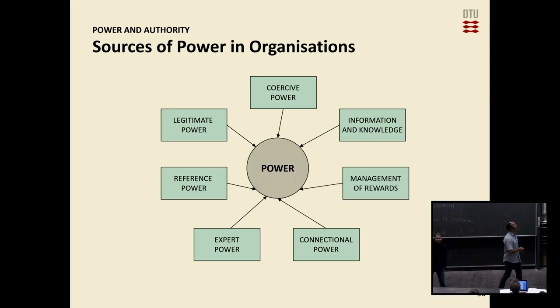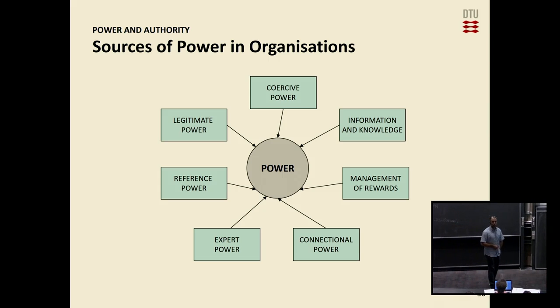Then there's management of rewards. That is, who gets the bonus, who gets rewarded for doing things. And that might also have a personal issue. Connectional power. Do you have connections to someone who can actually influence stuff? Expert power. That's what we often use as engineers. I'm the expert on this. I can just say that that's the way things have to be. I don't even have to argue because I'm the expert.